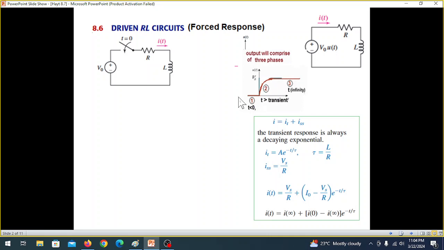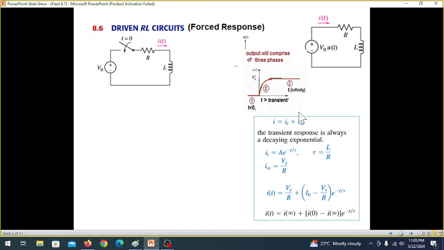For t less than 0, it is called the steady state condition. Then at t greater than 0, we have what we call the transient, which means the value is gradually increasing, and after some time it becomes steady state. This is called t infinity, or steady state.